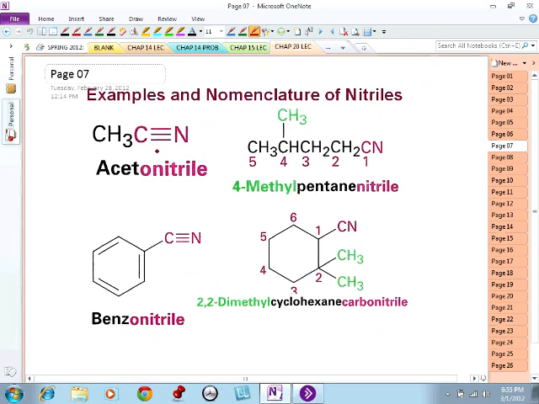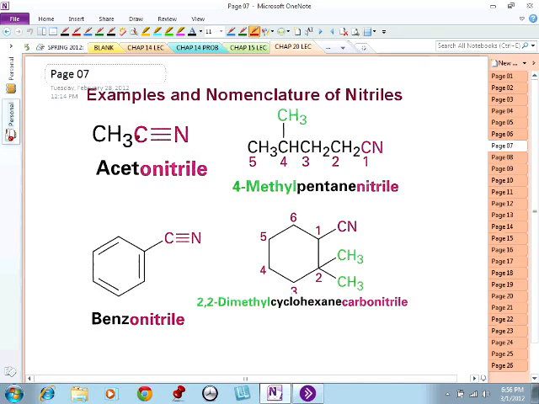Of course, nomenclature of nitriles, we told you already. You give the complete name of the alkane, then you add the word nitrile. Sometimes, as if you don't have enough rules to follow, you could also name the nitrile as a substituent of a carboxylic acid.